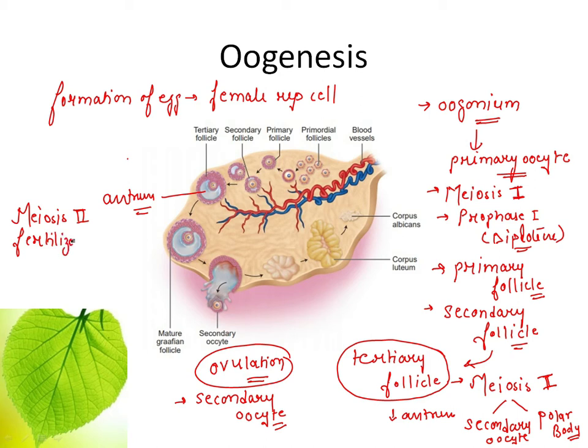At the time of fertilization, meiosis second occurs, resulting in the formation of ootid and second polar body. So this is the oogenesis. This actually fuses with the sperm to get zygote.